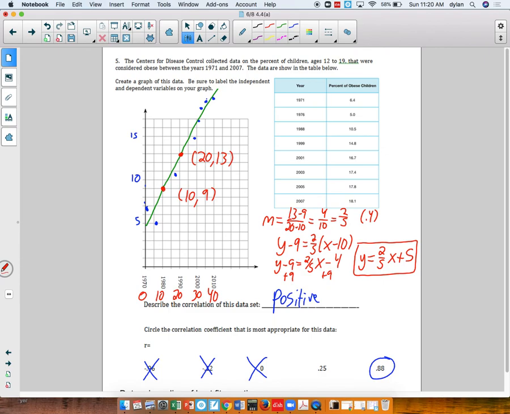Using this model, we would come up with a 2020 prediction of 25% childhood obesity. And so you can see the idea here is you can use pre-existing data, a line of best fit, and an equation for the line of best fit to predict future results, which is pretty cool and extremely powerful.